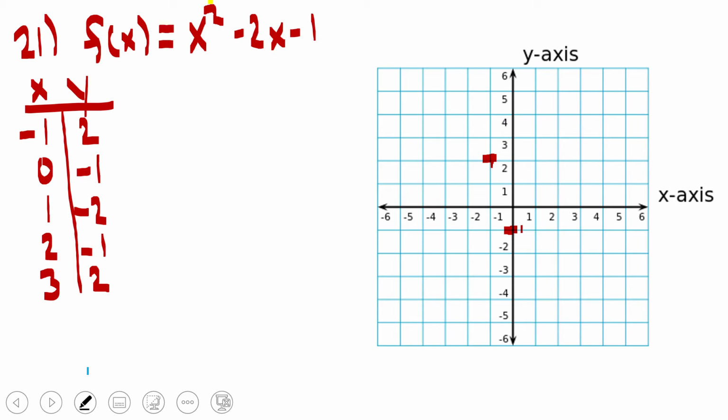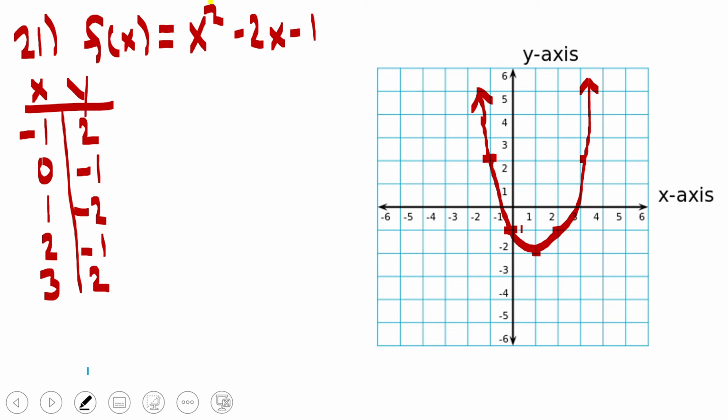At 1, -2, 2, -1, and 3, 2. We do see some kind of parabola emerging here. So that makes sense. And we have plotted 5 points and graphed the function based on the instructions.